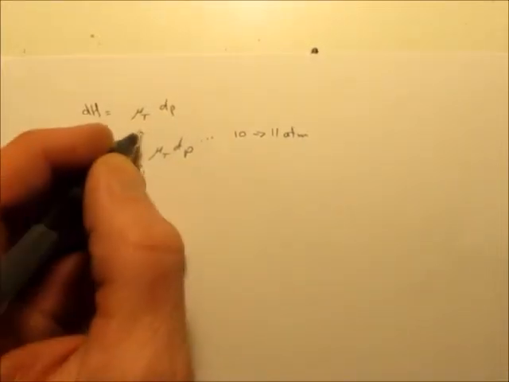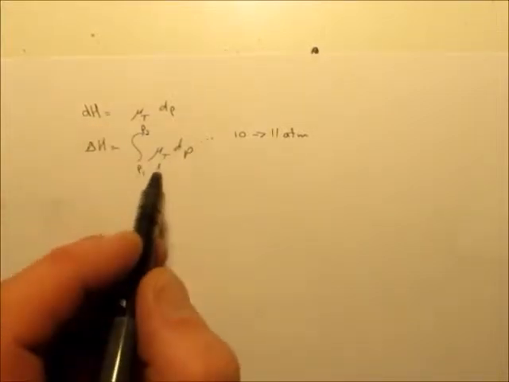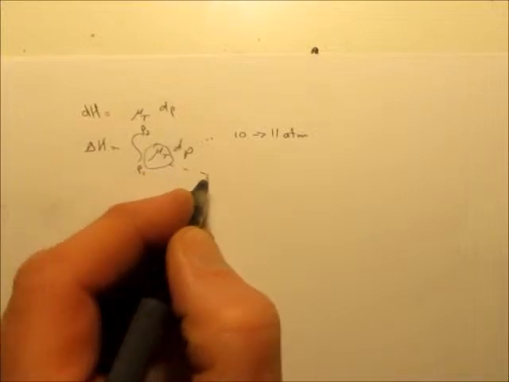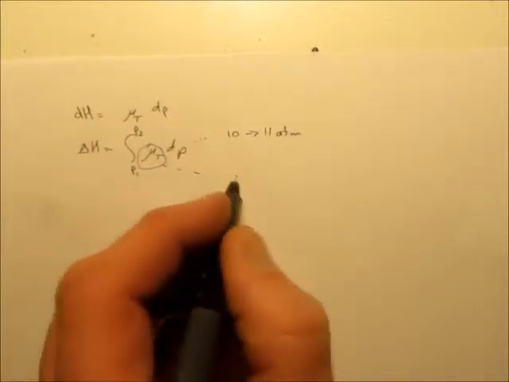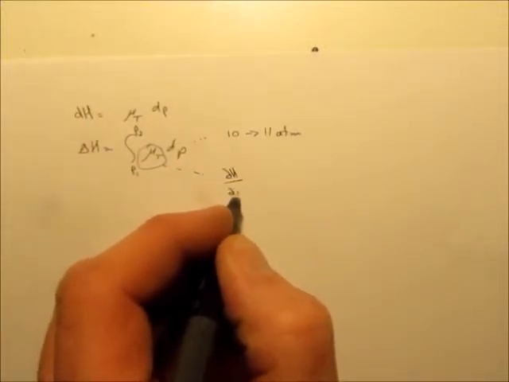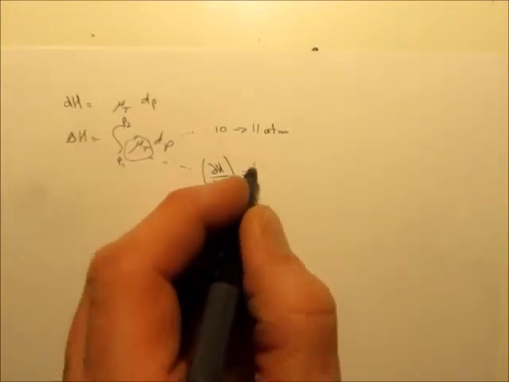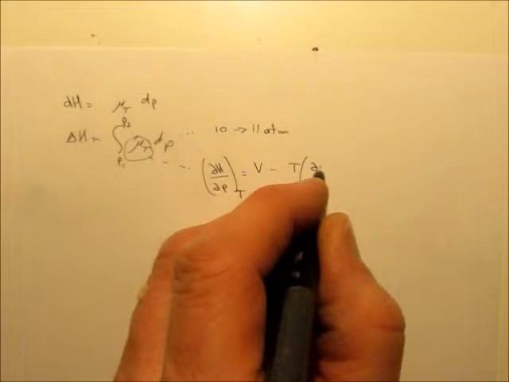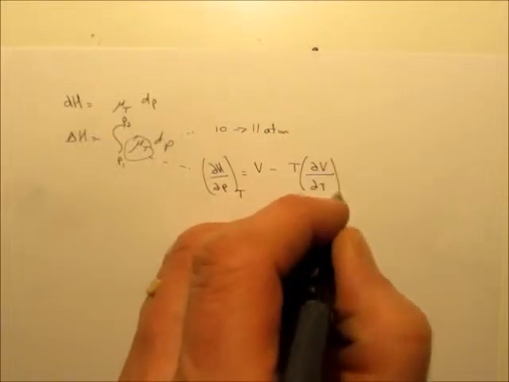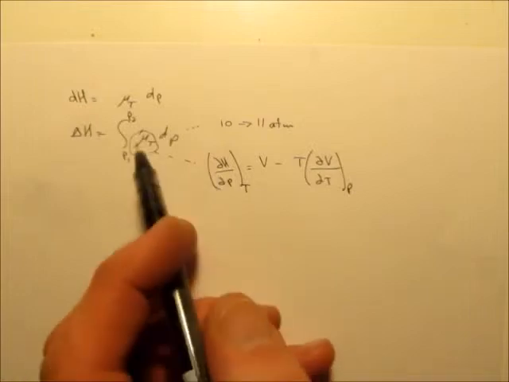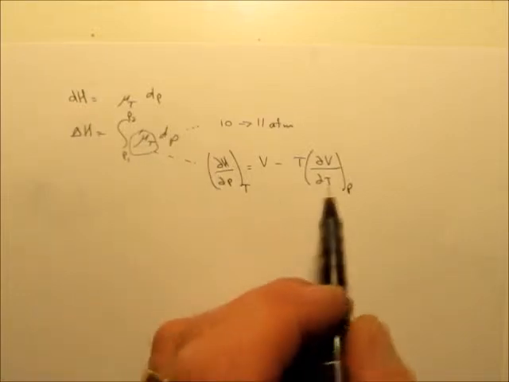So it's almost like you're integrating from P1 to P2. If we make the assumption that this thing is constant, and we're just told that this quantity is that, which is equal to V minus T(dV/dT). We already know that. So this is a way to derive this expression, which is also known as mu T.